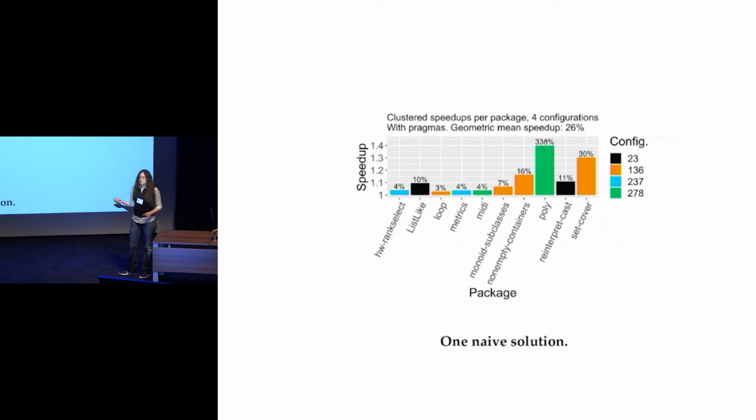We were super, super stupid, and we were just like, let's run it against each of the configurations and assign it to one of those. And if we do that, with Pragmas, then we see about 26% speed up. If we do it without, I remember, I think it was like 10% or something. It wasn't bad, or 9%. Don't quote me on that, even though it's my paper.